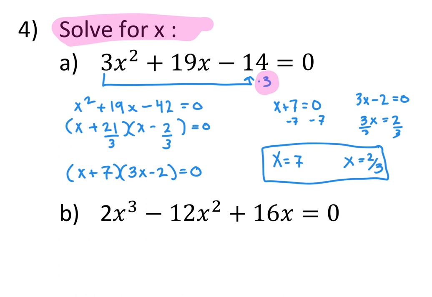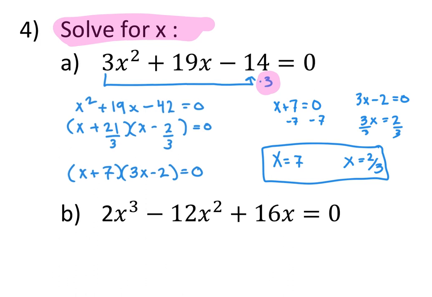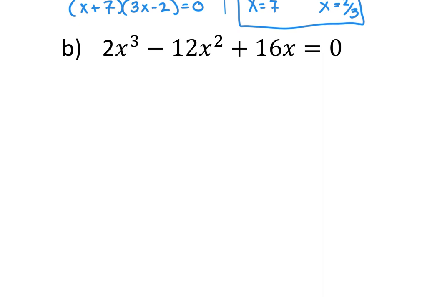All right, next one. Same idea here, maybe a tiny bit harder, or maybe not. We get 2x cubed minus 12x squared plus 16x. Now that x cubed tells us that we should have 3 answers. Okay, so that is a really helpful tool in these problems.